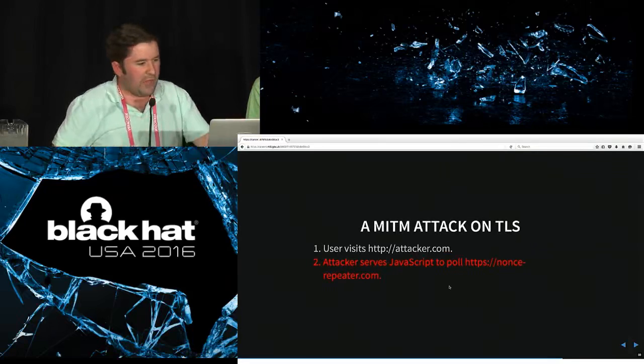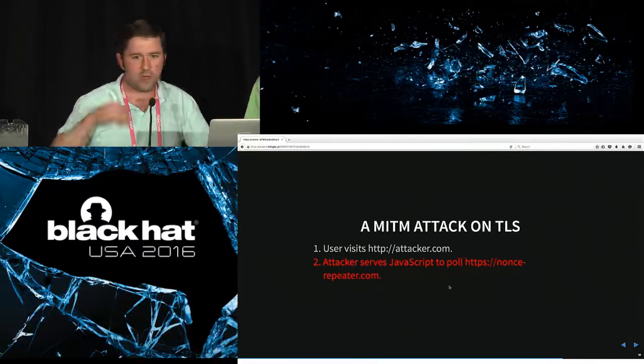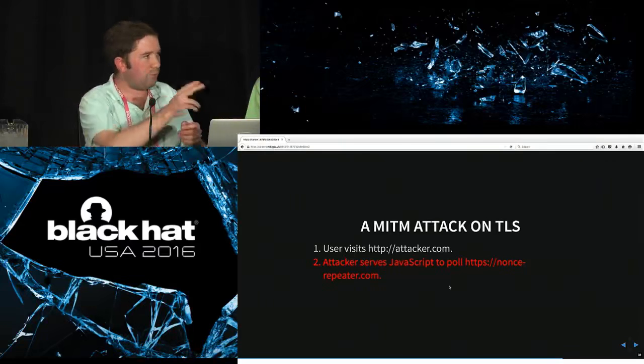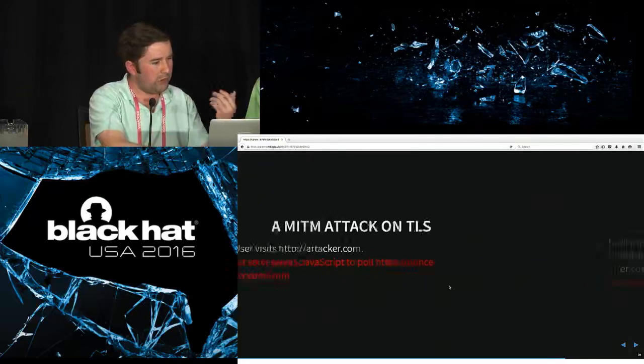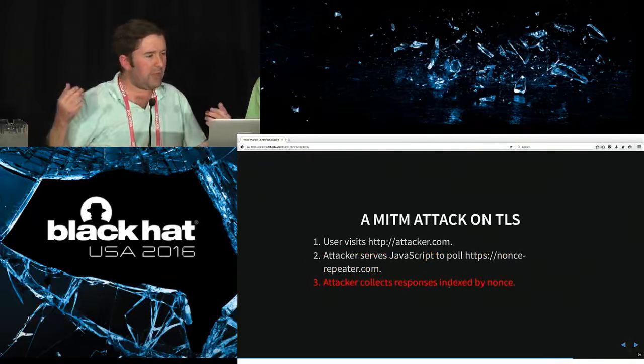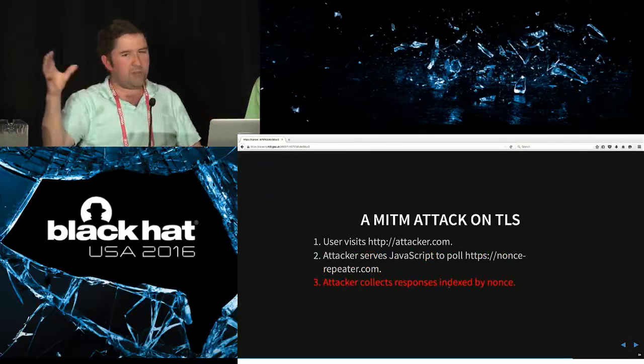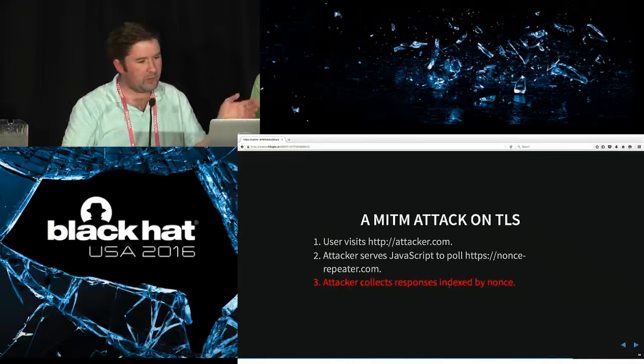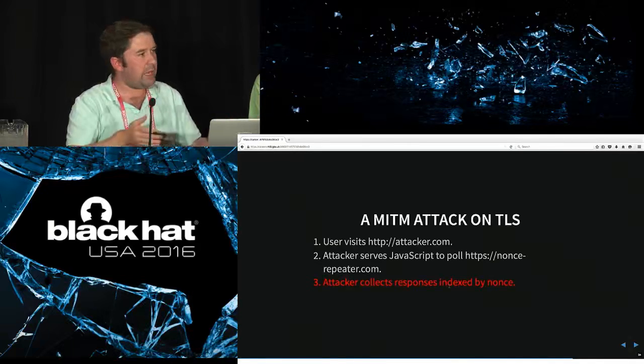Once the user is at that attacker-controlled content, the attacker is going to use JavaScript to initiate a TLS connection with the vulnerable server and start polling it and monitoring the traffic that comes back. The attacker is going to be watching all the encrypted TLS records that come back. They're going to collect the responses, and they're going to build a dictionary by nonce.